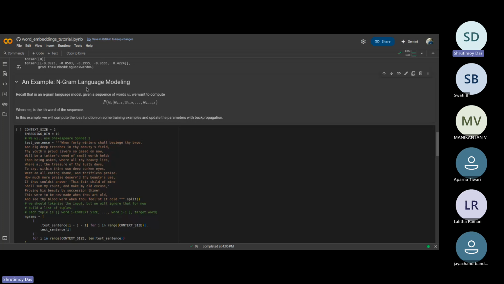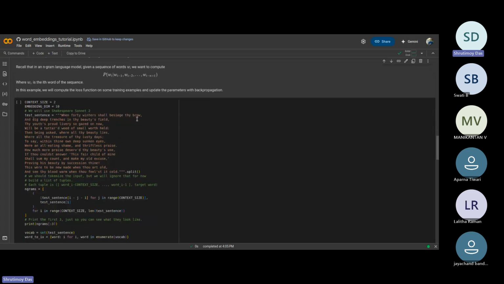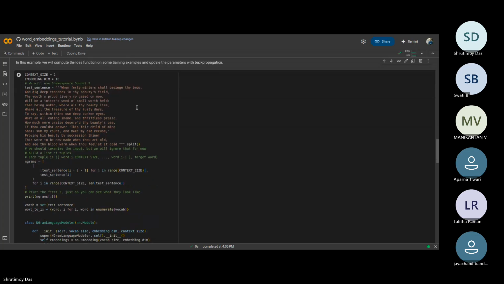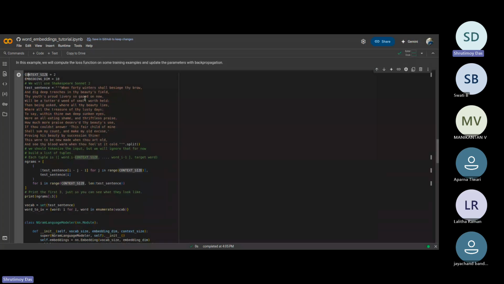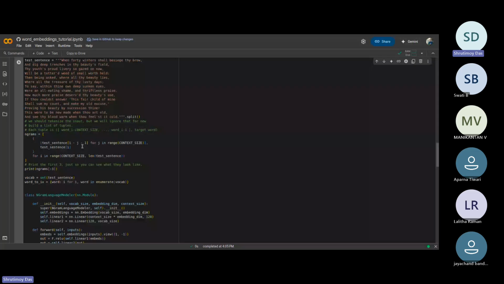And this is called n-gram language modeling because you are using a bunch of words to do that. So let us say your context size is 2, your embedding dimension is 10, and you are given this sentence from a Shakespeare sonnet. Now you have to tokenize the input.